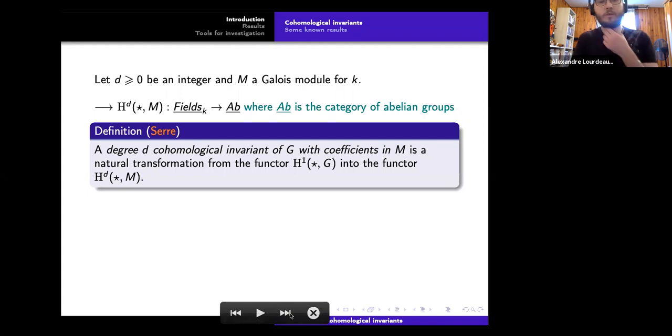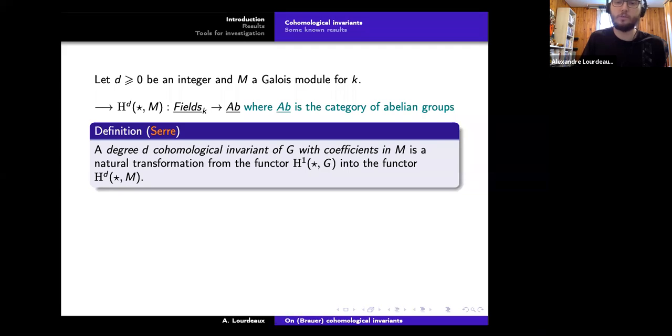The formal definition that comes from Serre is that a degree d cohomological invariant of G with coefficients in M is a natural transformation from the functor H^1(*, G) into the functor H^d(*, M).